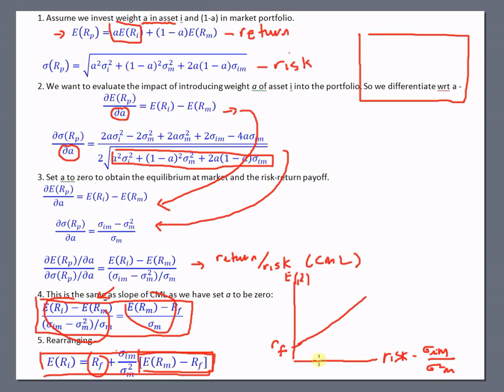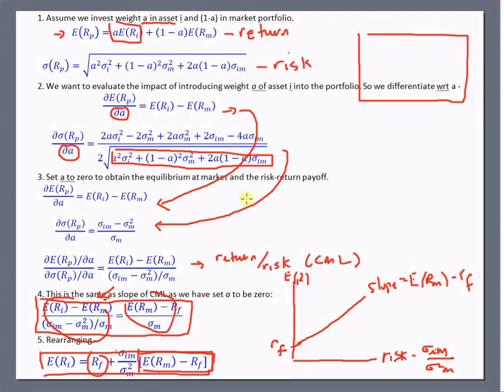The slope is given by expected return of the market portfolio minus the risk-free. Okay, so that's basically the proof of the SML formula. This is commonly known as the beta.